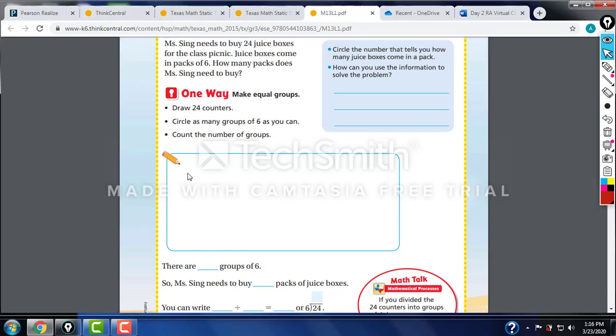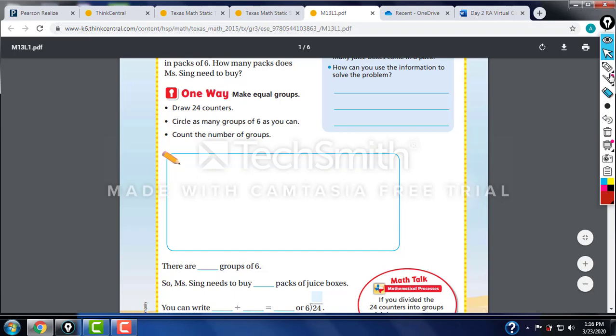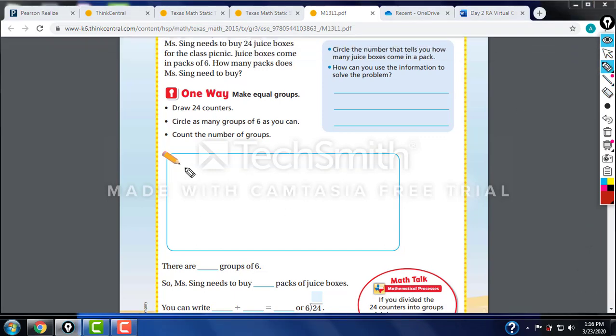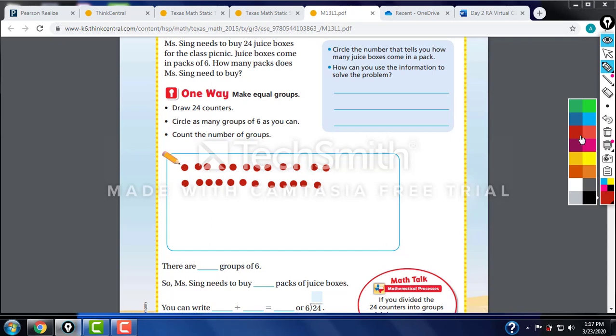So 24, 1, 2, 3, 4, 5, 6, 7, 8, 9, 10, 11, 12, 13, 14, 15, 16, 17, 18, 19, 20, 21, 22, 23, 24. And it tells us to circle them in the groups of what? Groups of 6. So get your marker, get your colored pencil, and let's group them in groups of 6.